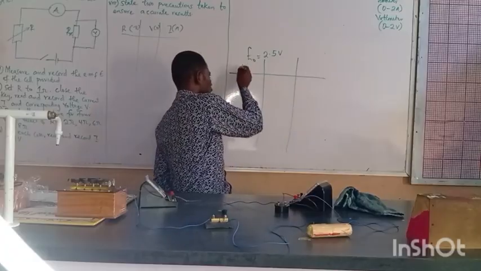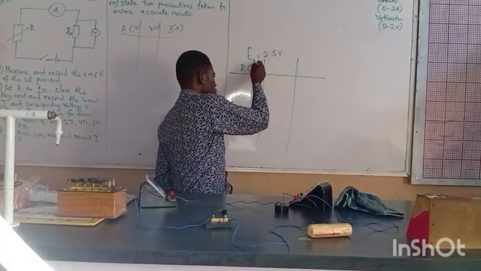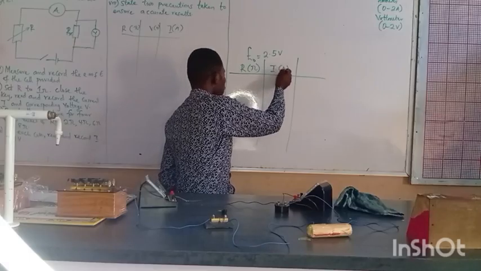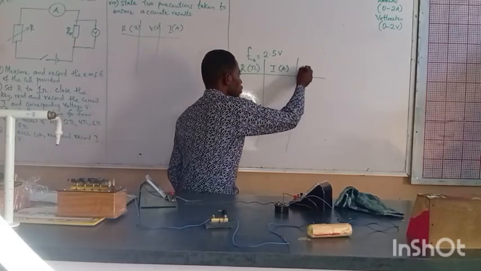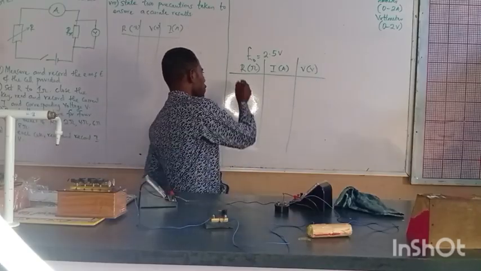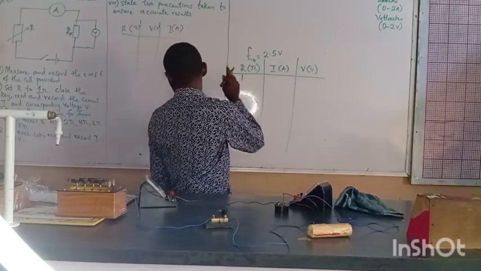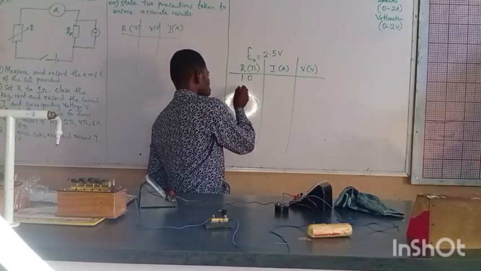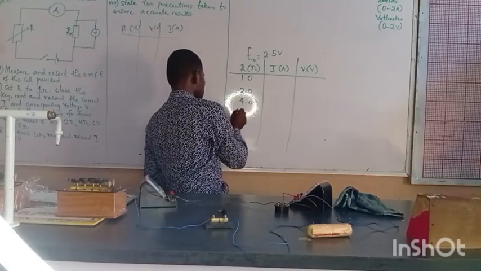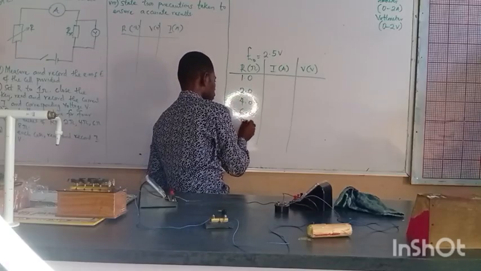I have my R in ohms, I have my I in ampere, and I have my V in volts on the voltmeter. So I have the first one, 1.0, 2.0, 4.0, 6.0, and 8.0.